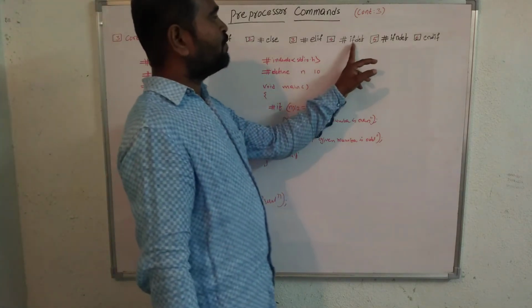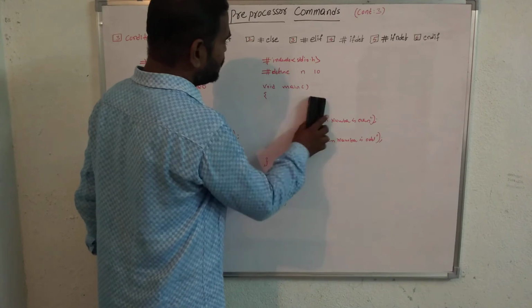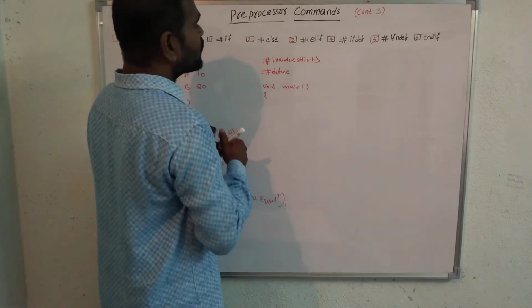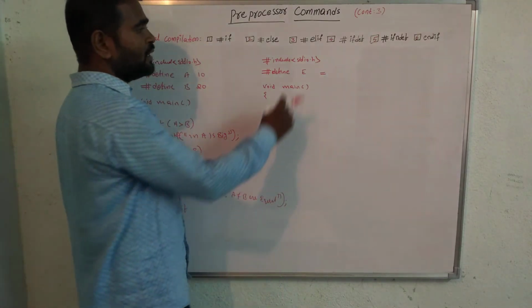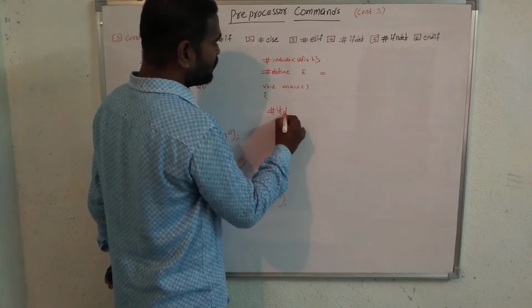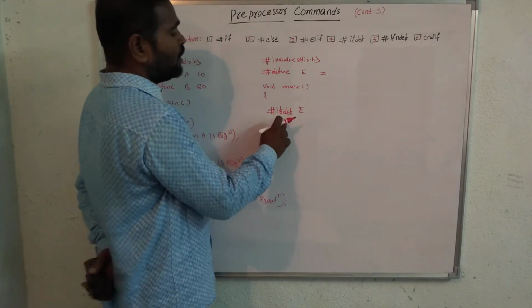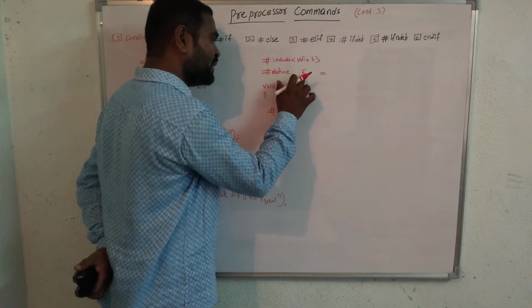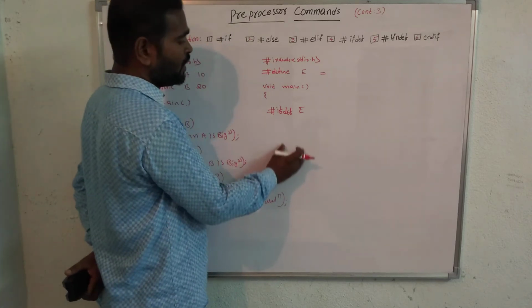The next one is #ifdef and #ifndef. Here I want to explain the #ifdef statement and the #ifndef statement. Suppose I define EQUAL as E. At that time, what happened here: #ifdef E, that meaning is, if E is defined, actually here I define E. So if you define E, then under this #if condition, the set of statements are evaluated or executed.